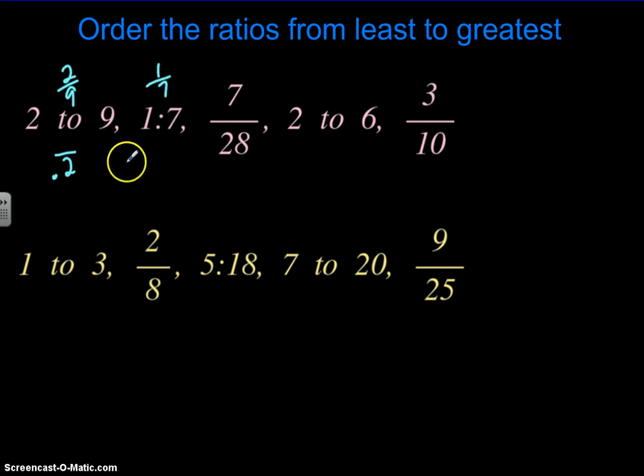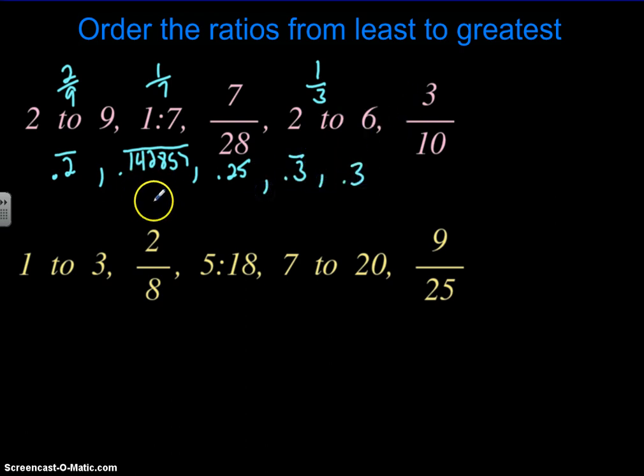If we know our facts, we don't have to have a calculator to do that. 0.142857, all repeating. Well, 7 over 28, if I reduce that, that's 1/4, and 1/4 is 0.25. 2 to 6, I reduce that to 1 to 3, or 1 over 3, which is 0.3 repeating. And then 3/10 is just 0.3.